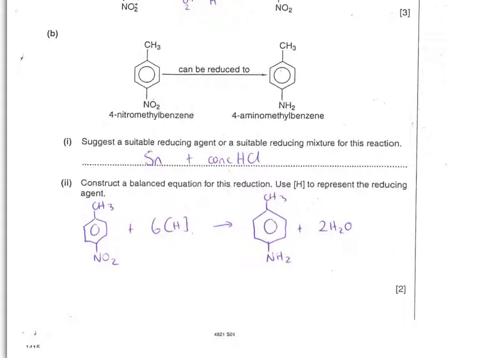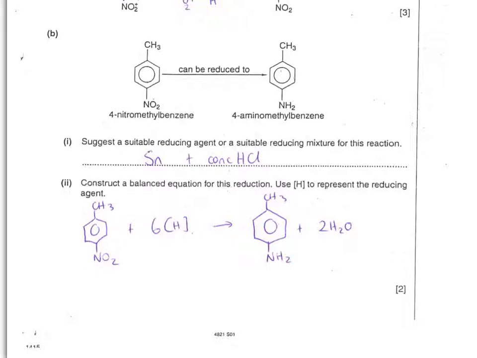Now once you get that far, you can hopefully then balance the hydrogens in the conventional way. On the right hand side we've got 4 hydrogens from the waters plus 3 in the methyl makes 7, 8, 9, 10, 11, 12, 13.